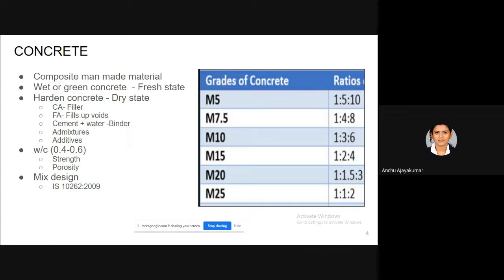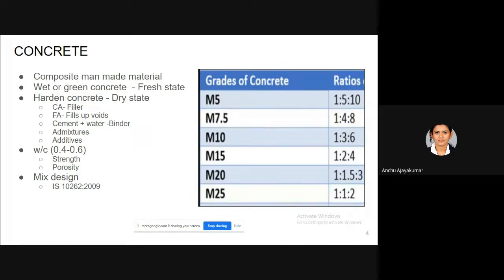In its green or wet state, meaning its fresh state, before attaining its setting time, the concrete is said to be in green or wet state. And in its dry state, it is called hardened concrete.